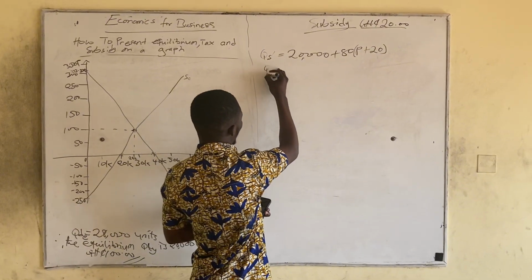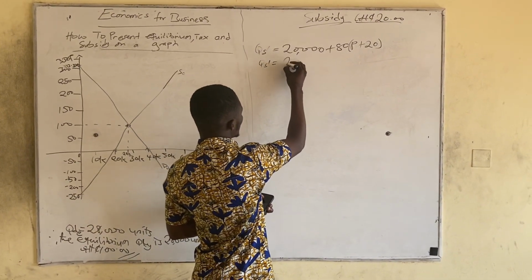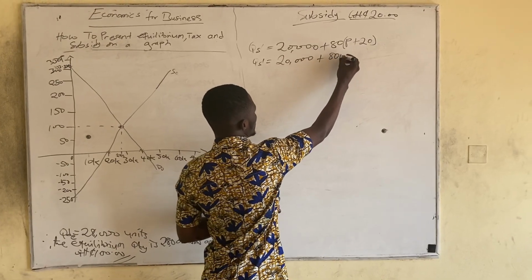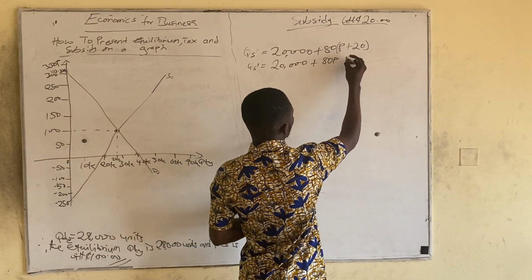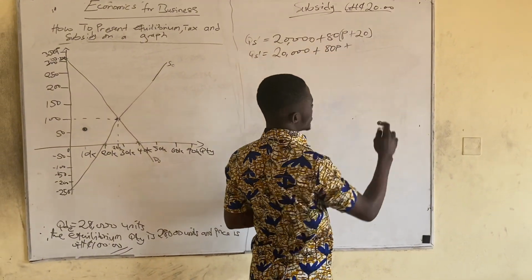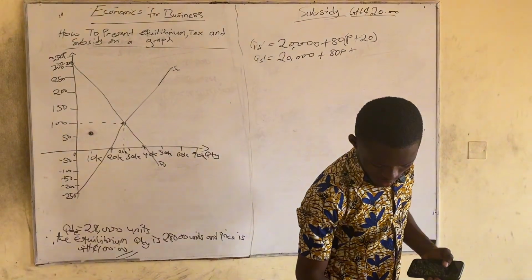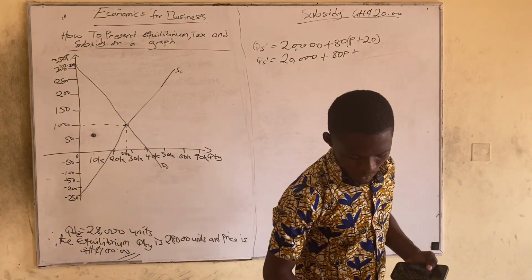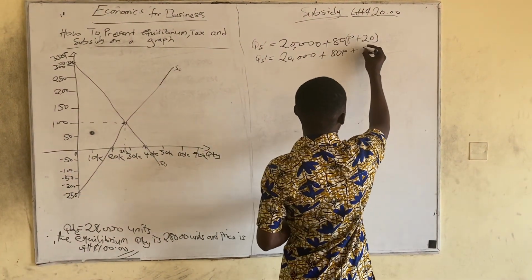Our new supply curve will be 20,000 plus 80p plus 80 by 20. 20 by 80, you get 1,600.